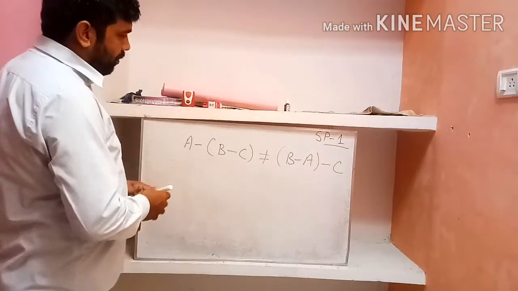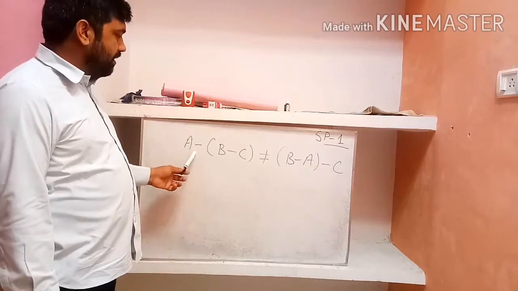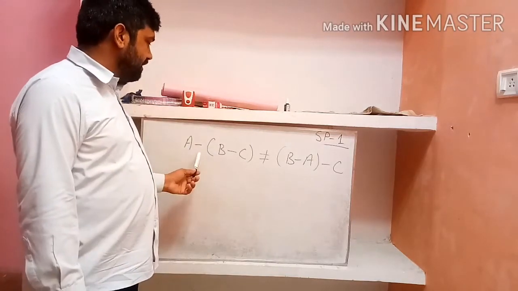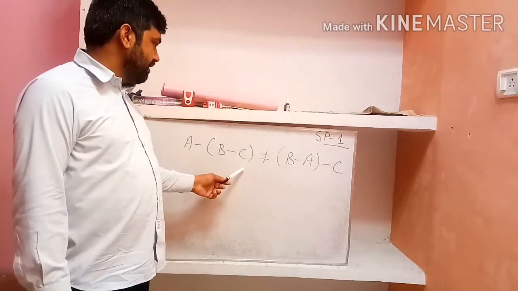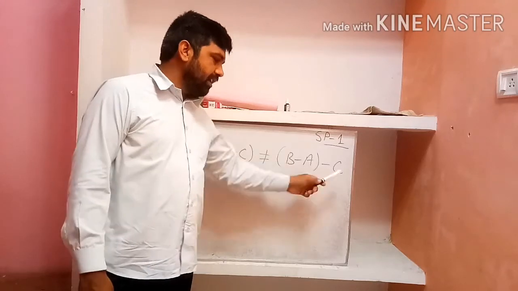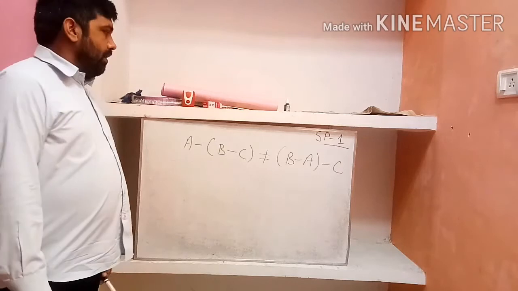So here see the position of the subtrahends, we have a change here. From a we are subtracting the difference of b and c. Here from the difference of b and a we are subtracting c. So this does not hold. So subtraction is not associative.